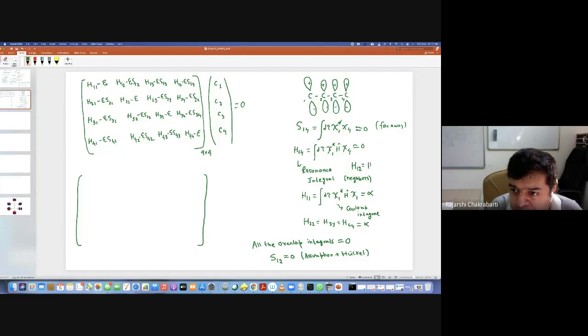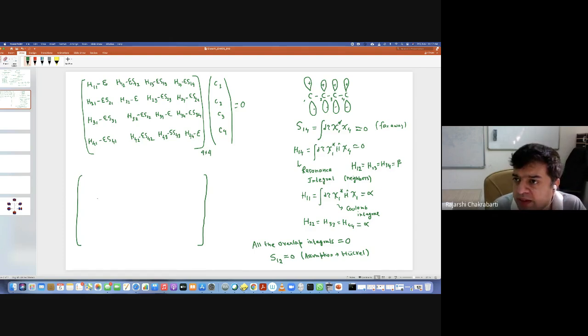H12, H23, H34 are all equal, and Huckel assumed this to be a constant, called beta, the resonance integral. Are you convinced, all of you? These are very crude assumptions, but only with these assumptions can you come up with an easy solution. Let us do this now.